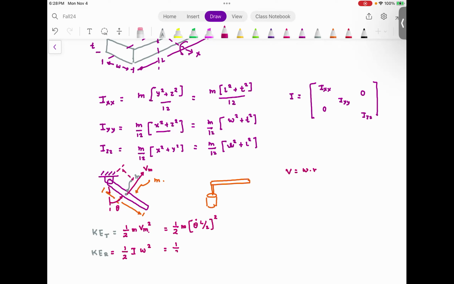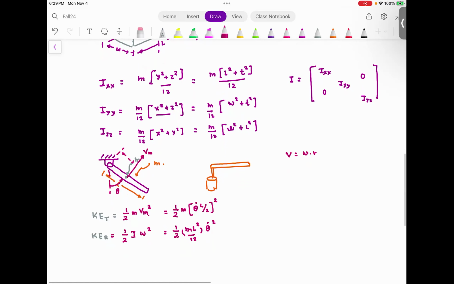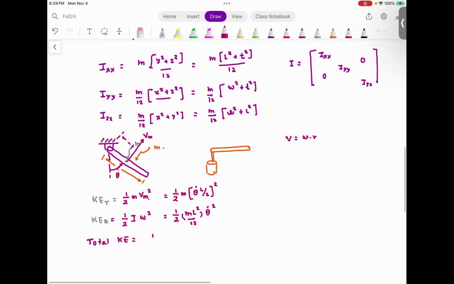Kinetic energy of rotation is going to be 1/2 m L square by 12 theta dot square. So the total kinetic energy is going to be 1/2 m theta dot square L square by 4 plus 1/2 m L square by 12 theta dot square.